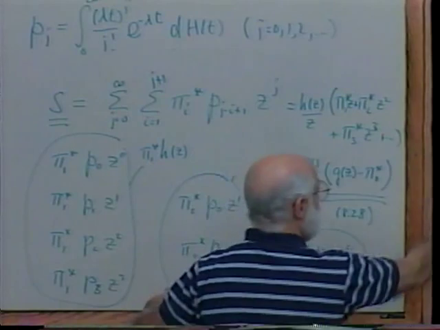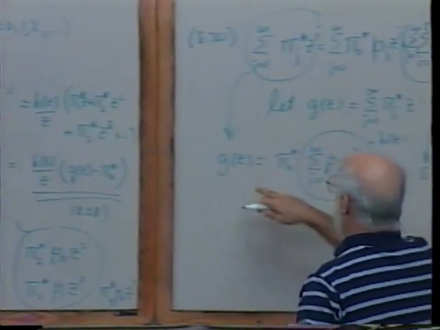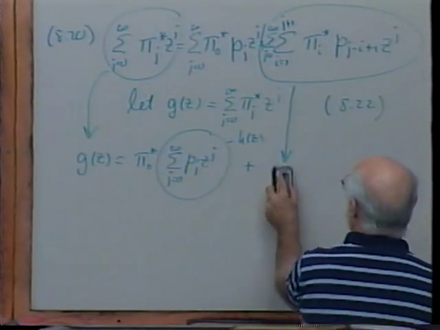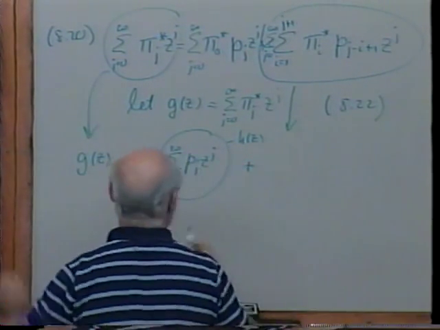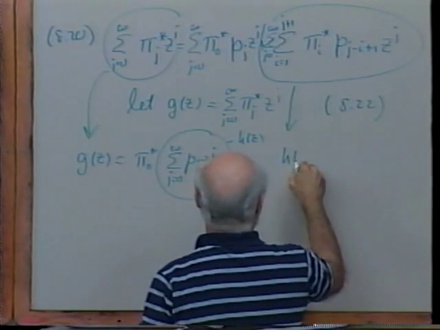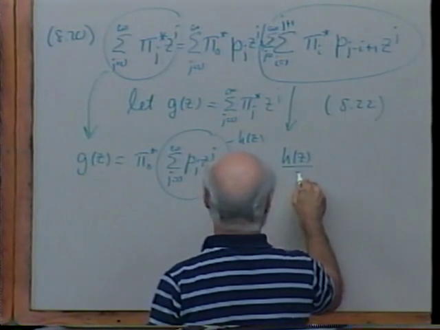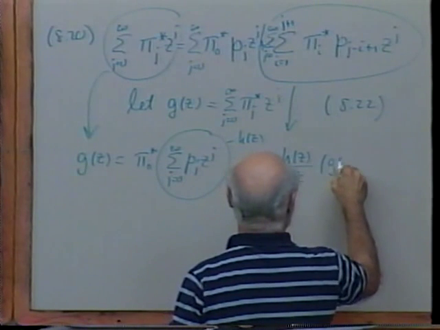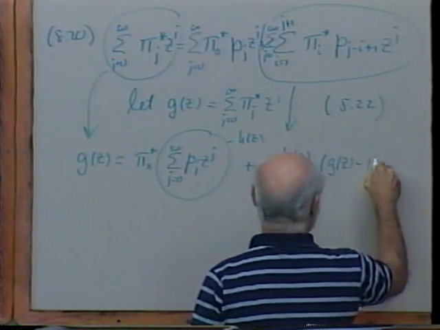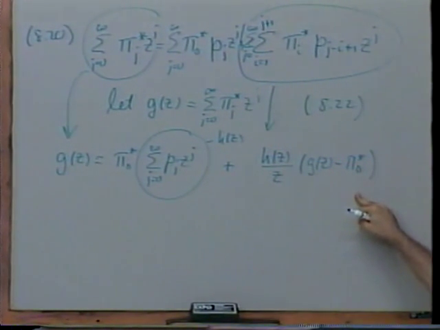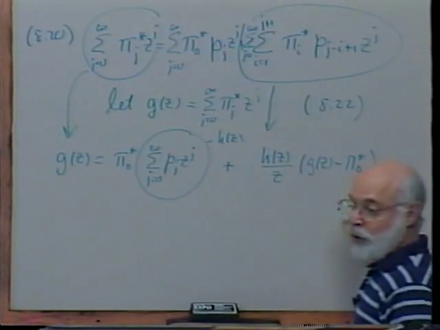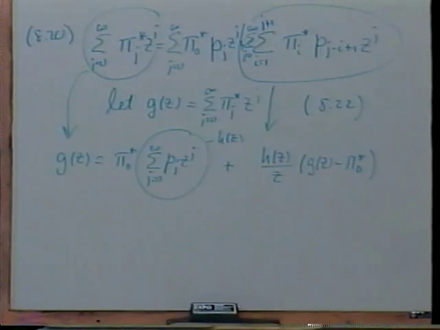Okay, so going back over to here, we see that g of z is equal to all of this plus S. And we've just worked out S to be that. So that's h of z over z times g of z minus pi 0 star. Right? Any questions, or did I make a mistake here? Okay, that equation in the textbook is equation 829.